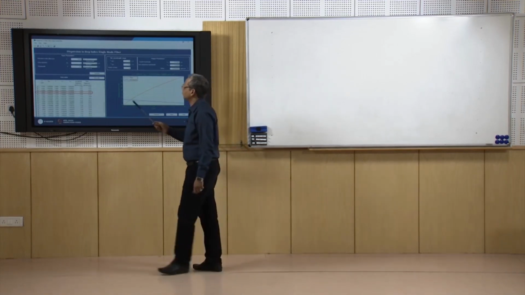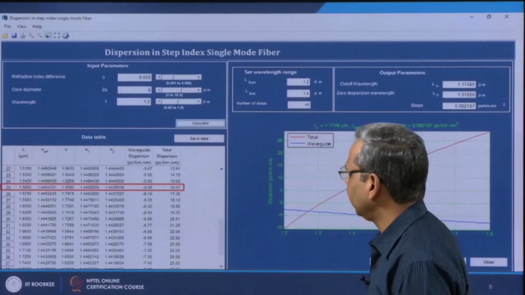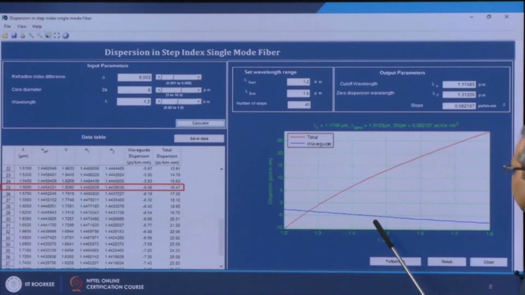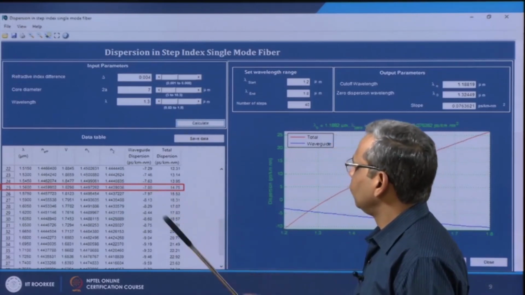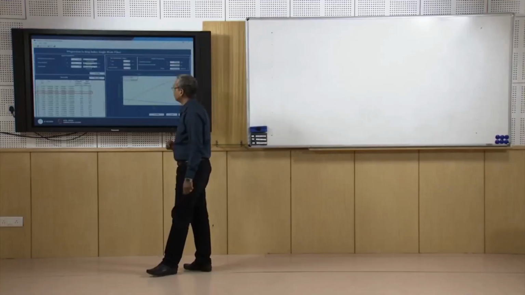If I further increase delta, so it is now 0.3% and core radius is 8, then this is the waveguide dispersion, this is the total dispersion. If I further change it, then I increase the waveguide dispersion to about minus 8 picoseconds per kilometer nanometer.